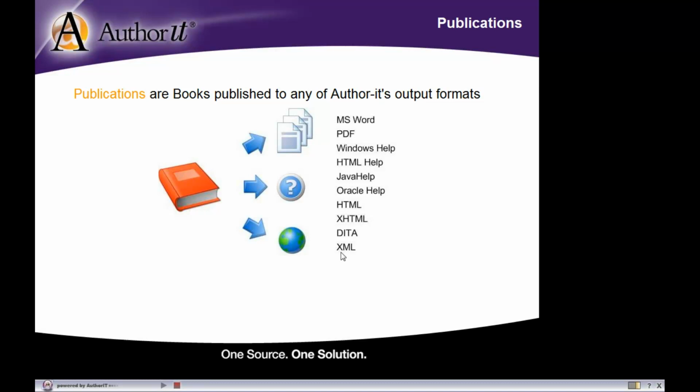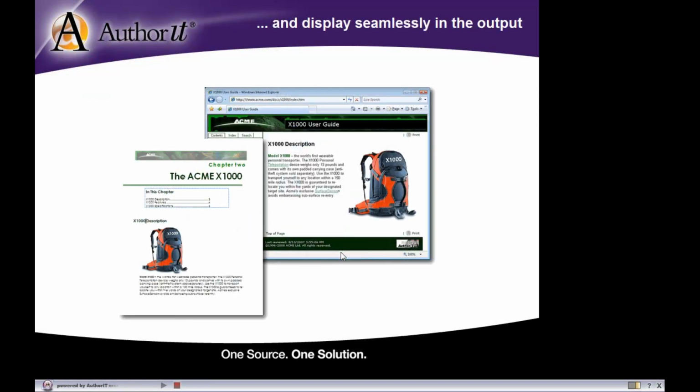So we are reusing content across multiple books in our library, and then we are single sourcing that content where we can publish that one book to all of these different output formats. And we're going to take a closer look at how we can publish to those various output formats over the next few minutes. All right.